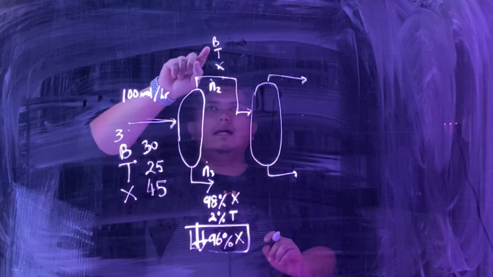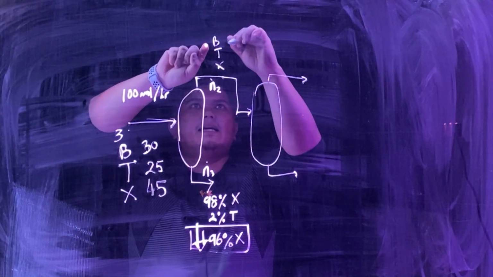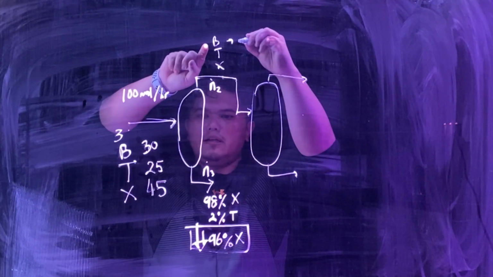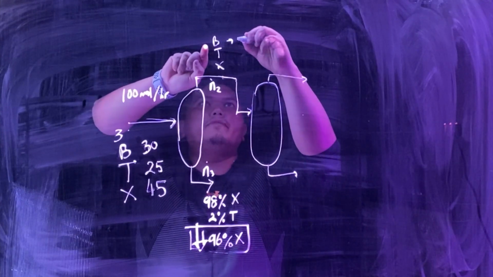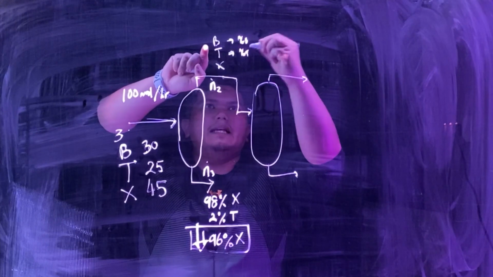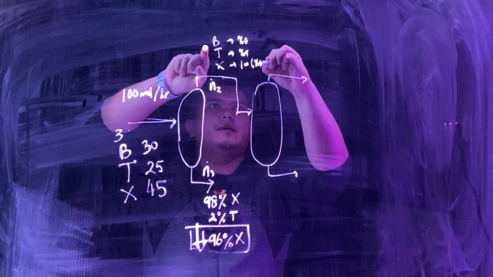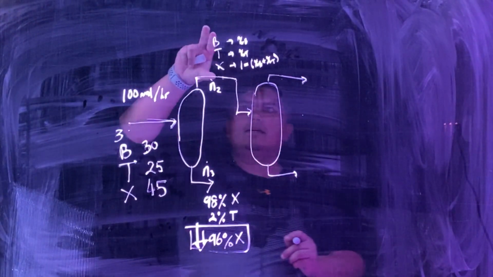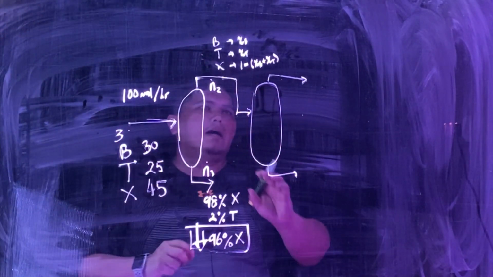So now for the benzene itself, we need to give an algebraic expression for this. Maybe we can give this as XB, toluene is XT, and xylene is 1 minus (XB plus XT). So this is the expression that we can put in the first column.